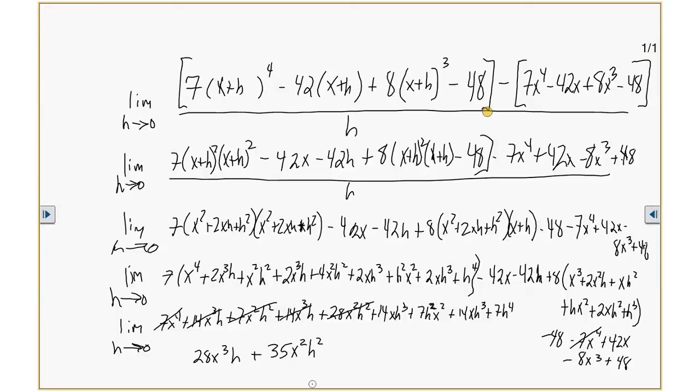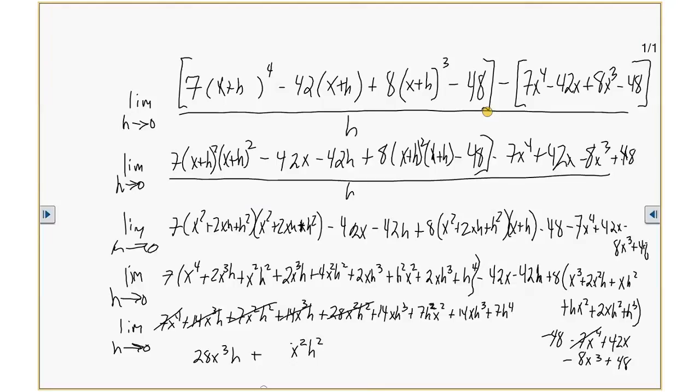There's another x squared h squared, which can go with this 35. 35 plus 7 is what? 42? 14 is x cubed. Yes. Where, this one? Yeah, that one. That one don't cancel, that's 28. Well, we'll see if it doesn't cancel. I might have messed up.